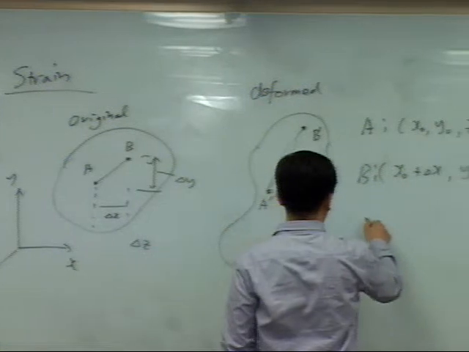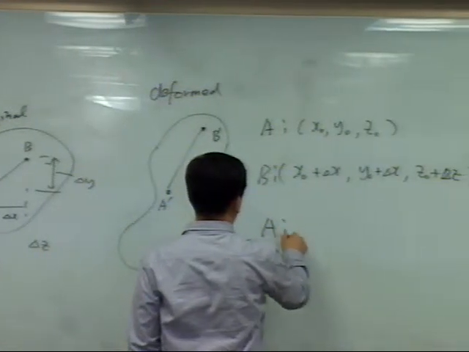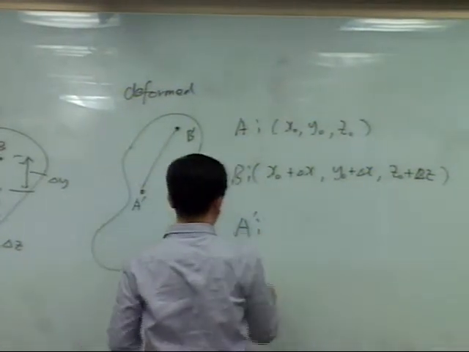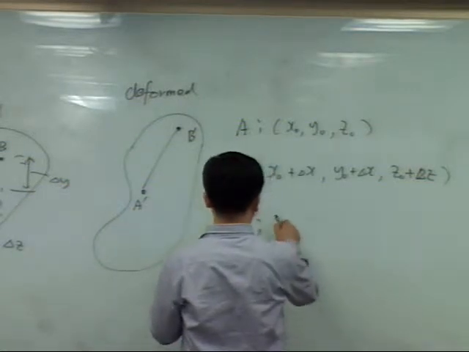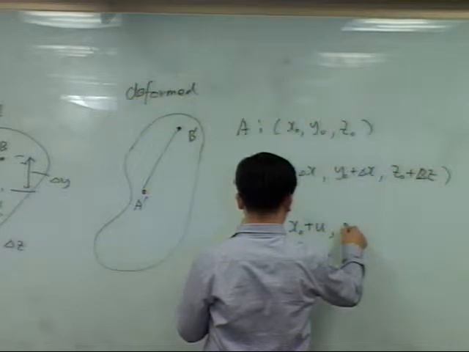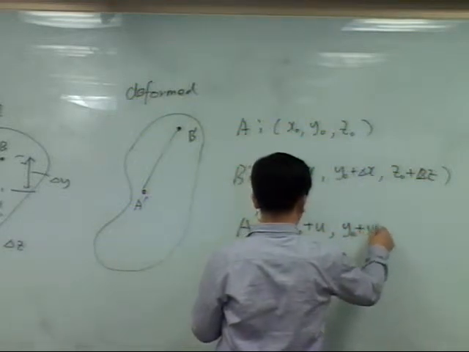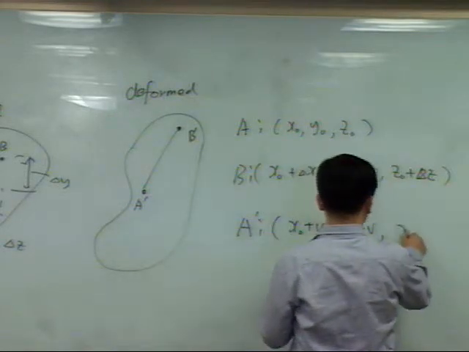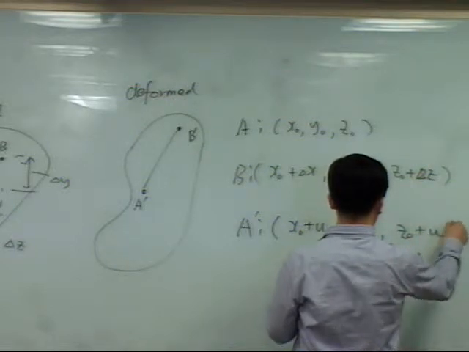And after deformation, A dash is x0 plus u, y0 plus v, z0 plus w.